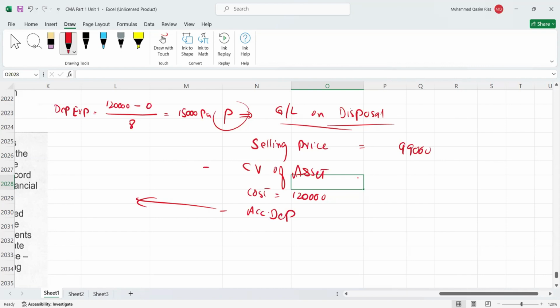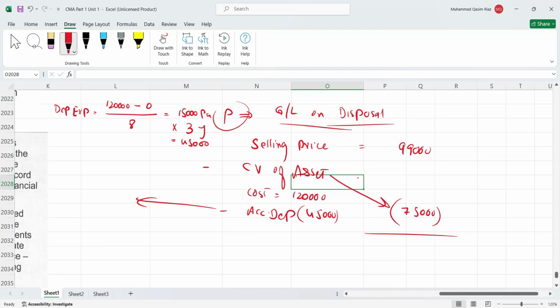We need accumulated depreciation for 3 years, so it will be 45,000. So 120,000 minus 45,000, and 75,000 is the carrying value.